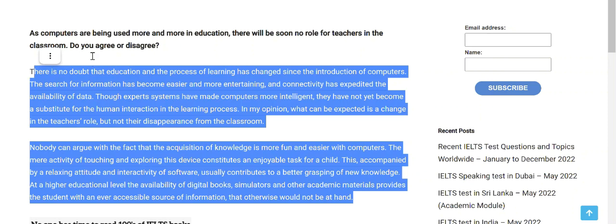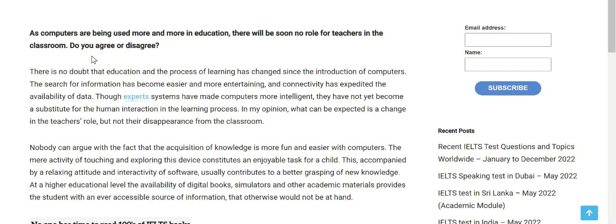Okay, the question is, as computers are being used more and more in education, there will soon be no role for teachers in the classroom. Do you agree or disagree? Remember, this is writing task 2. In the IELTS exam, you will have two types of writing, task 1 and task 2.